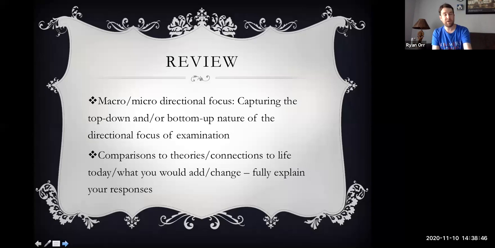Again, you're taking theory in a different direction, and what you would add or change about it makes you approach the theory differently. And how you approach it differently helps you learn it more holistically as well. So that's what I'm looking for there, dealing with the theory, but different aspects throughout your paper. As long as you're using the text, explaining your ideas fully, you should be in good shape. Everybody did pretty well on the first one, so I hope to see that continue here in the second report.